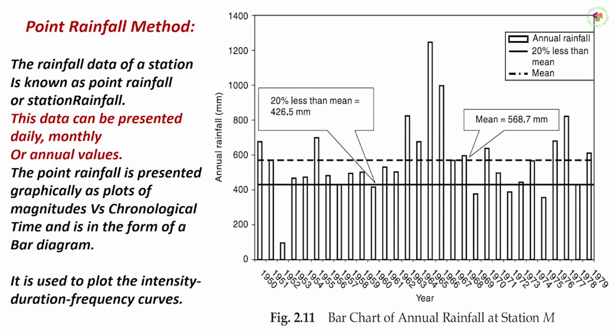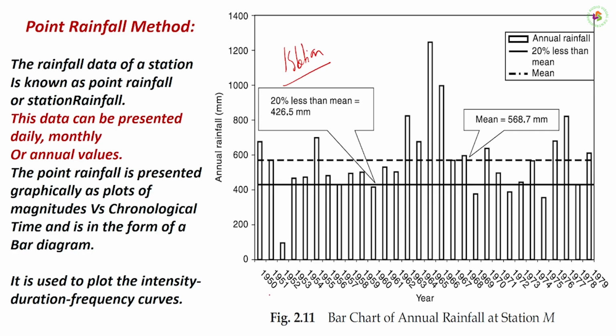What is the third way of presenting the rainfall data? This is the point rainfall method. Point rainfall method means annually, at a particular station, what is the rainfall? For example, I have taken one particular station. Please remember, only one station.